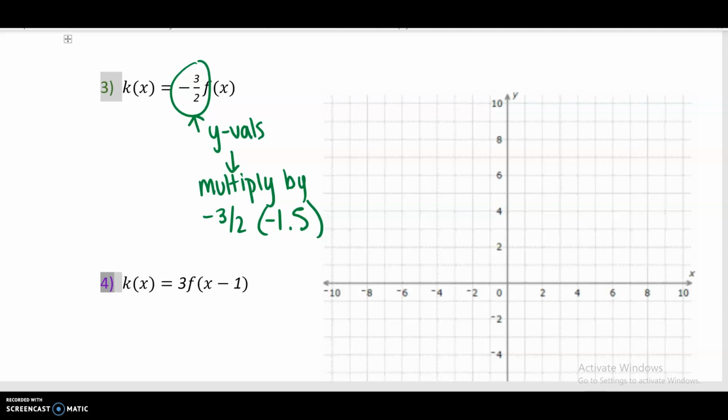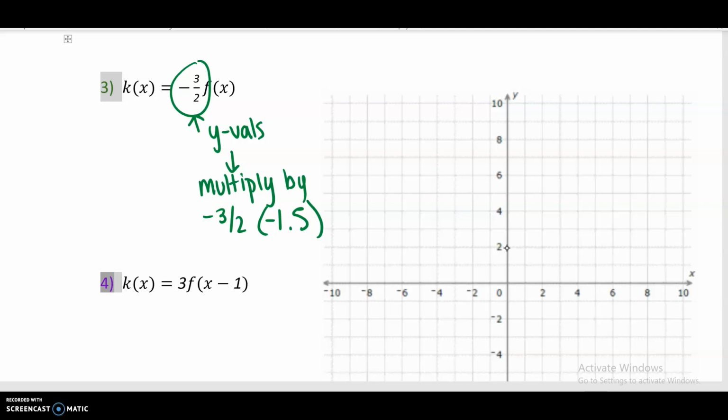If you take a y value and you multiply it by 1.5, it's going to get taller. For example, if you take 2, multiply by 1.5, it's going to give you 3. So if the y value was here, it's now going to be here. It's going to get taller on the y-axis. But not only are you going to multiply by 1.5, you're also going to multiply it by a negative.